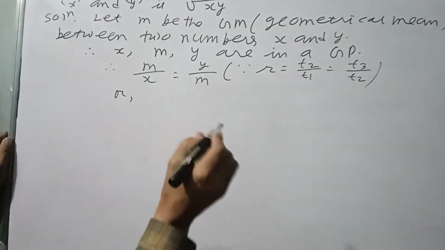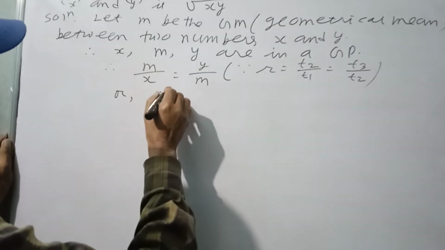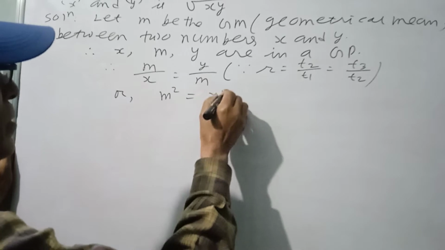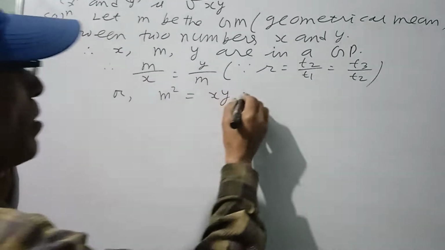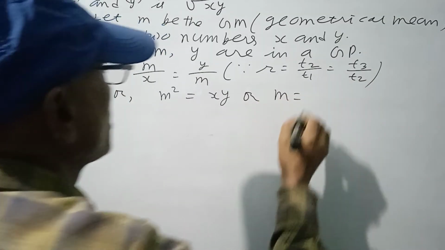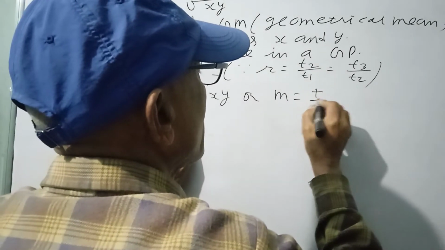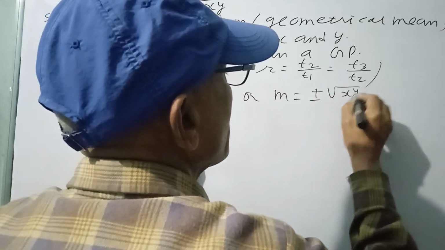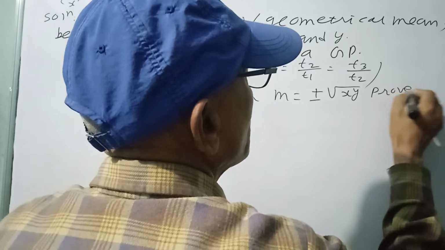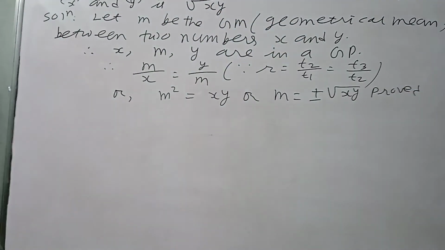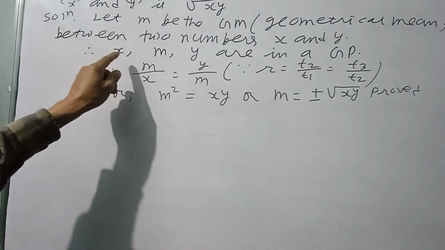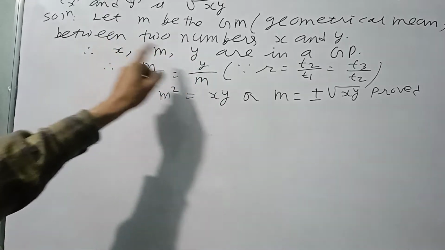Cross multiply: m square equals xy, or taking the square root, plus minus root xy. Proved.